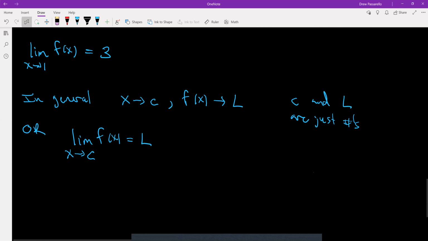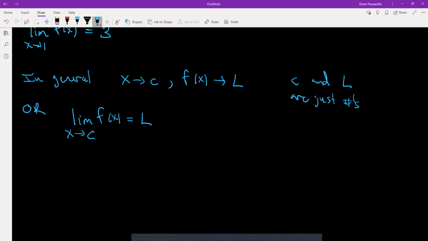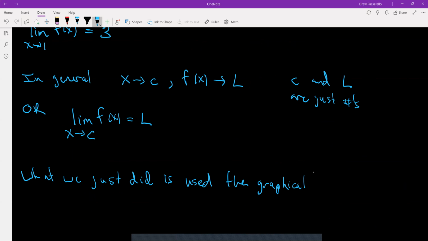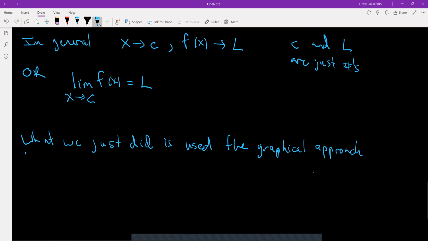So what we just did is use the graphical approach to determine the limit.